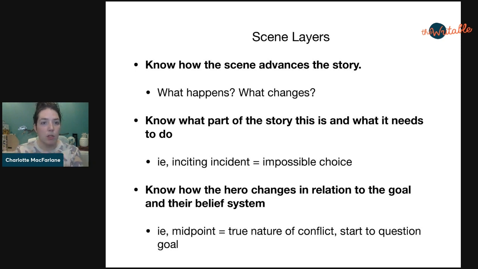The midpoint is always a moment where the true nature of the conflict is revealed. But what it's also doing is that's usually the moment where the hero is actually starting to question their goal and their belief system. And they go through a series of processes to kind of get there. It's not that the goal changes at this point.